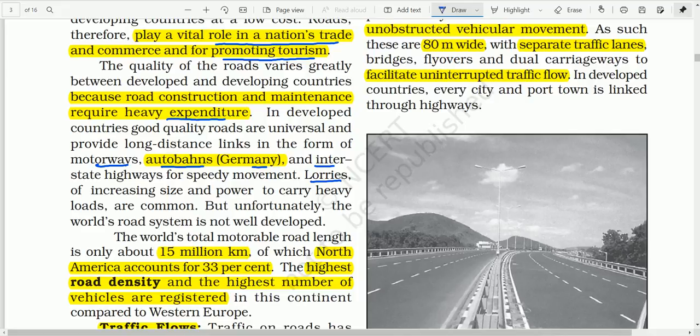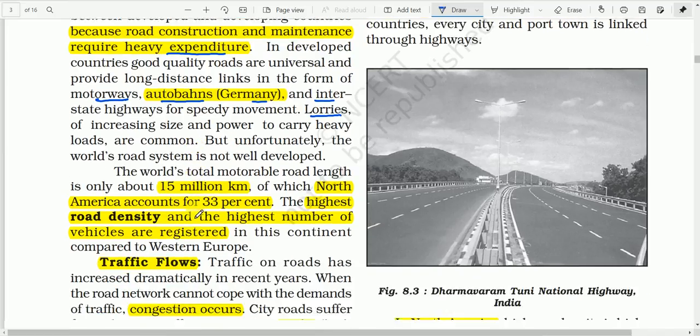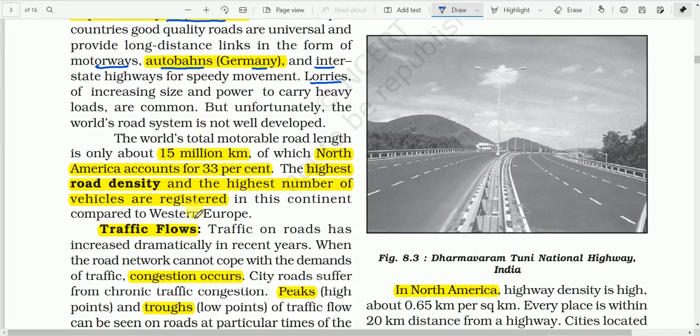But unfortunately, the world road system is not well developed in many countries. The world's total motorable road length is only about 15 million kilometers, of which North America accounts for 33%.